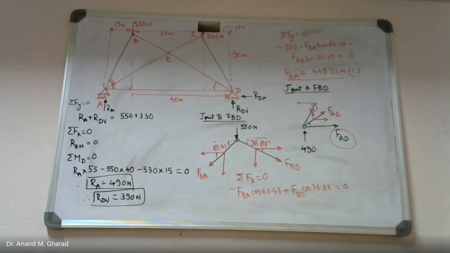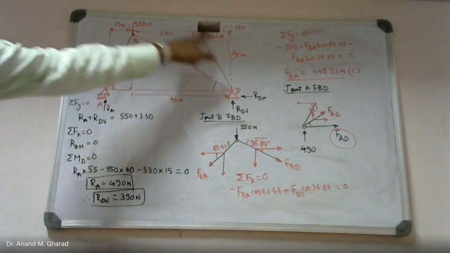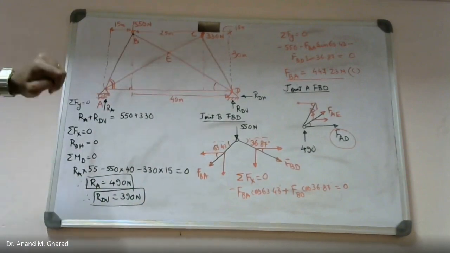And in the next class, we will see a few more numerical, and also we will see the next method, that is method of section. How to deal with few numerical which are supposed to be again problem specific, in the sense sometimes you are asked to find out forces in few members, not necessarily all the member forces are to be evaluated.